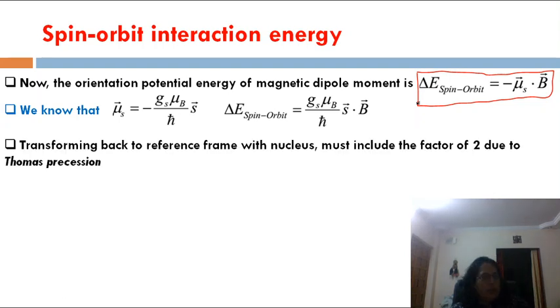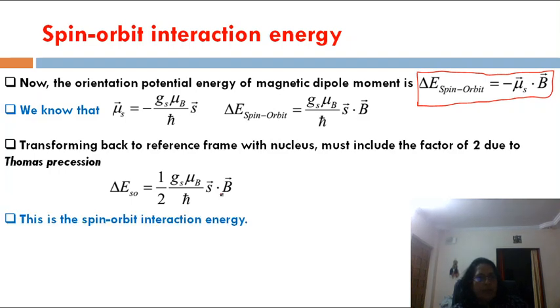Then, if we consider it oppositely, there is a reference frame of the nucleus and the electron is moving. So by Thomas precession, this delta E is taken with a factor of 1 by 2, 1 by 2 g s mu B by h cross S dot B. Okay.